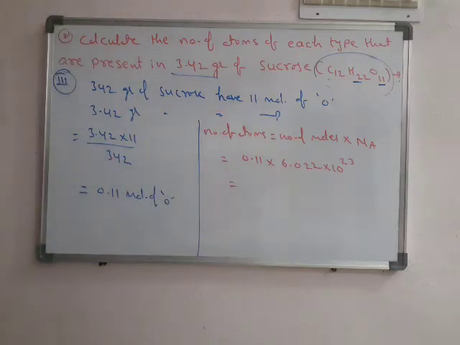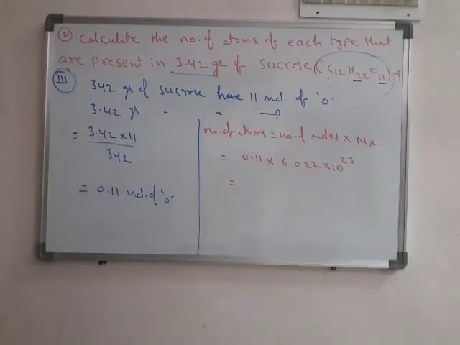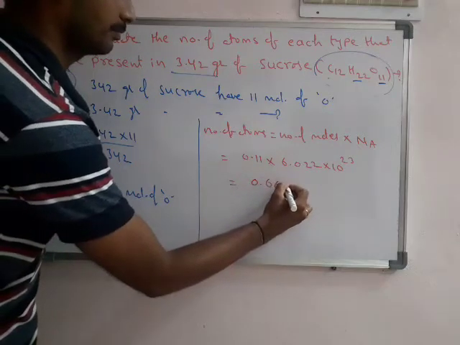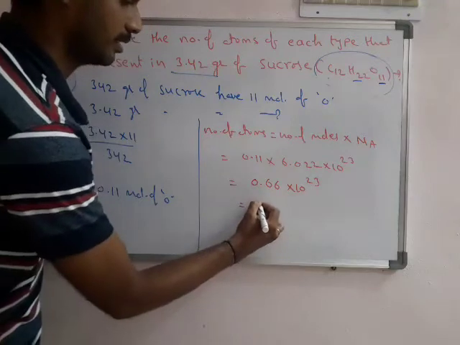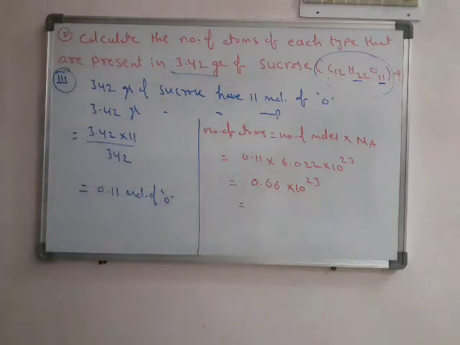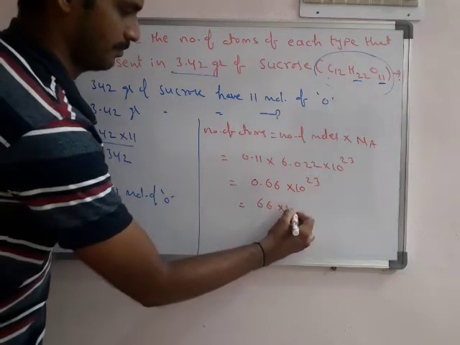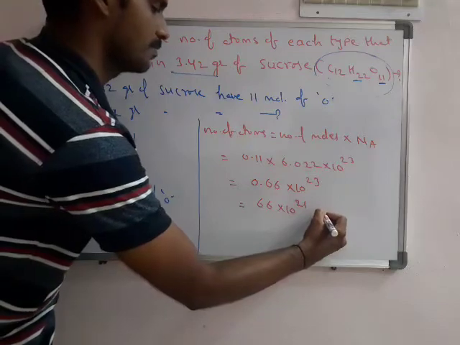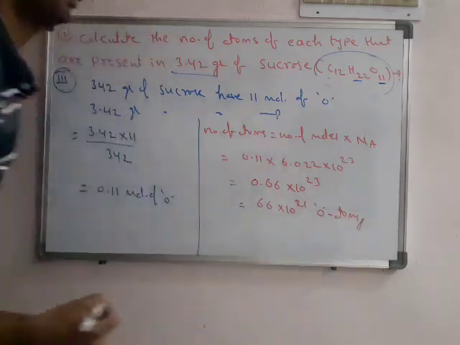So finally on this calculation we will get 0.66 into 10 power 23, or we can write 66 into 10 power 21 oxygen atoms. Okay.